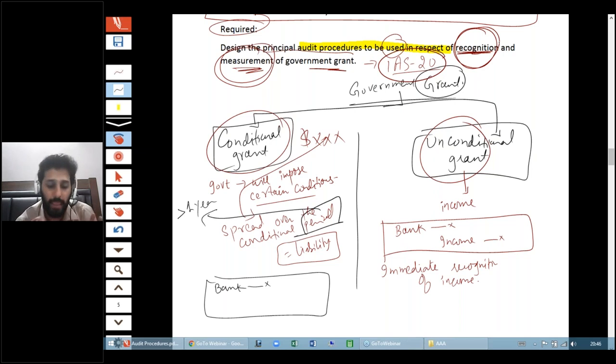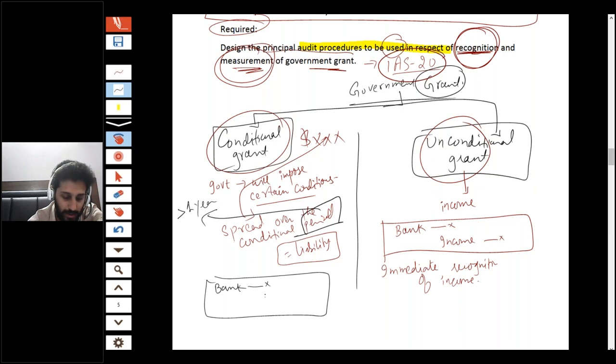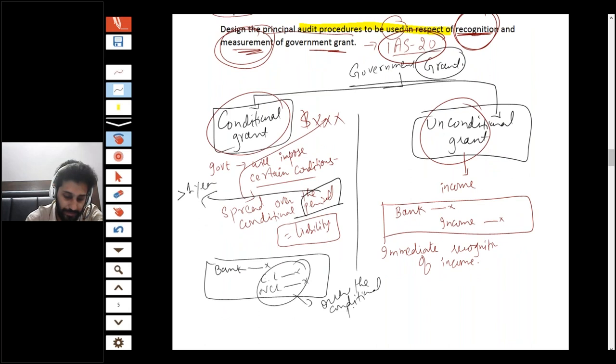Initially it's not my income. Initially it should be recognized as a liability, and with the passage of time, when your conditions are met, it will be transferred to your income. Initially it would be bank debit, current liability credit, and non-current liability credit over the conditional period.